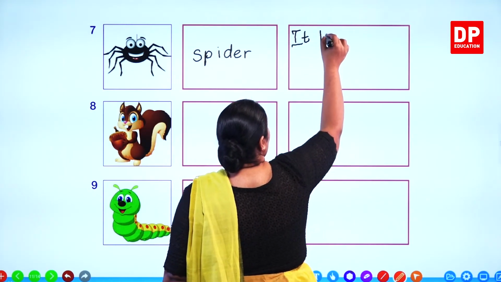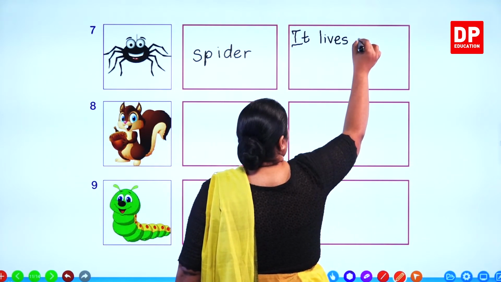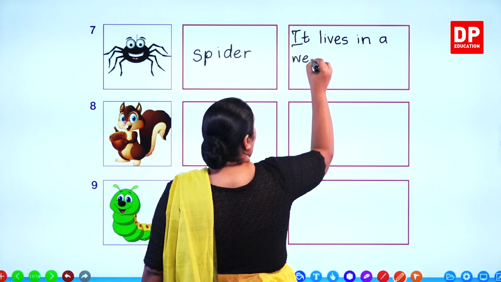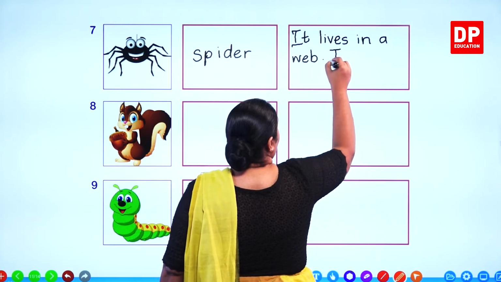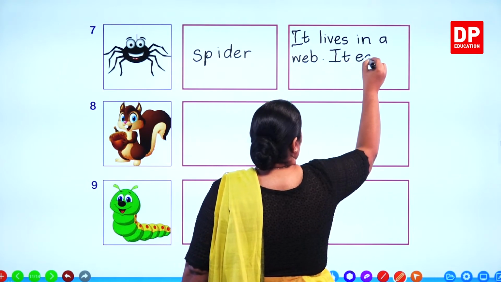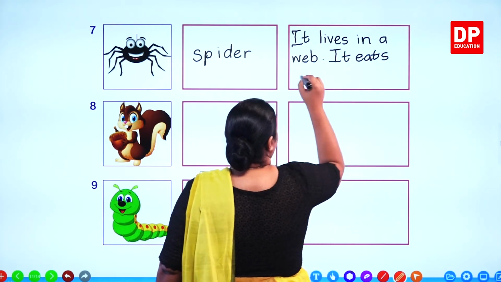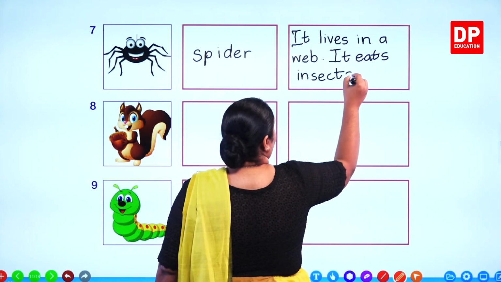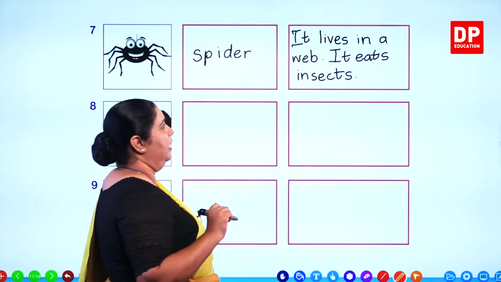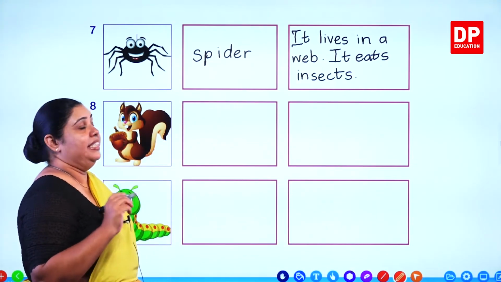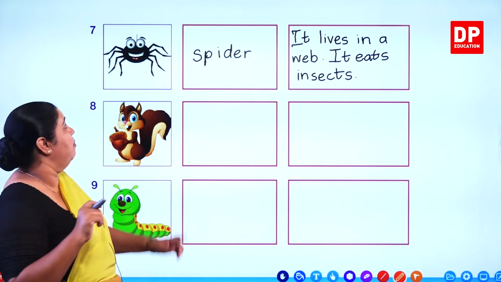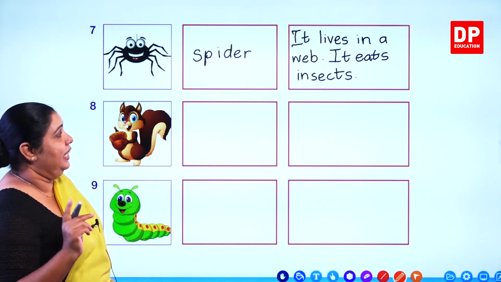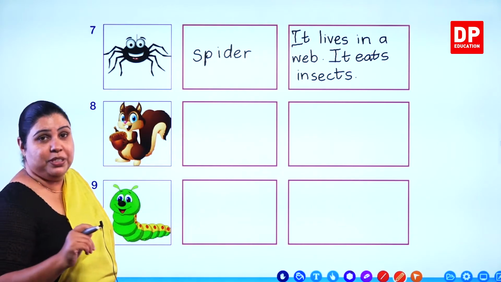It lives in a web. What does it eat? It eats insects. It lives in a web. It eats insects. So that is about the spider. The name spider, it lives in a web. It eats insects is the description for the spider.